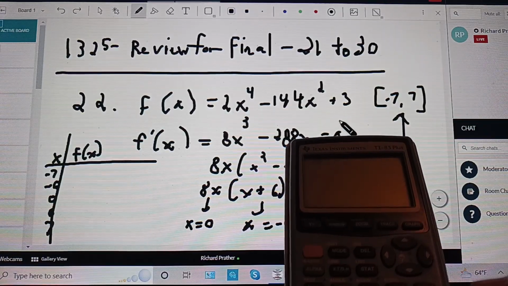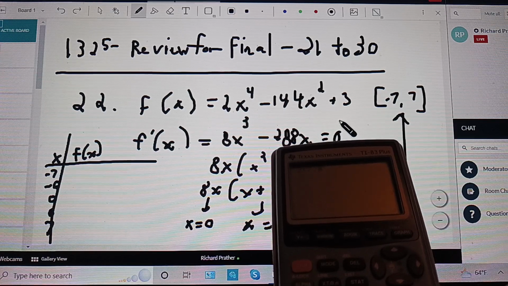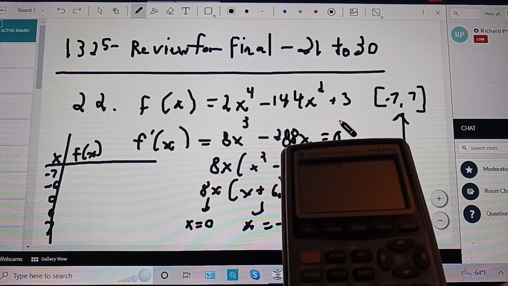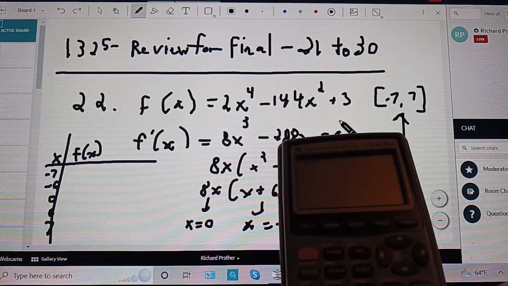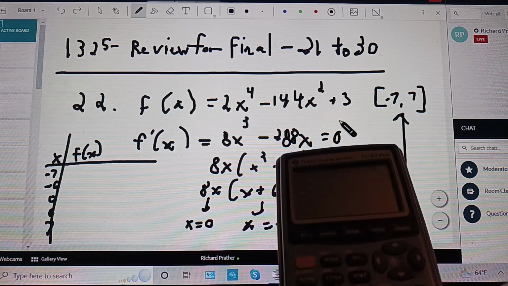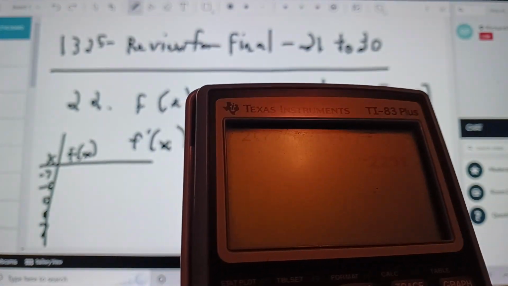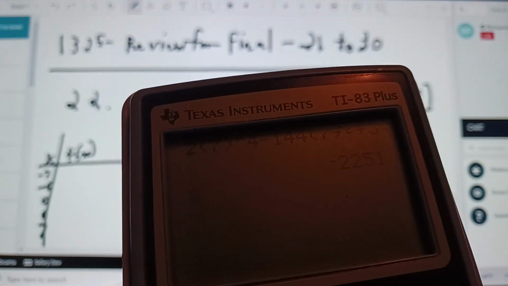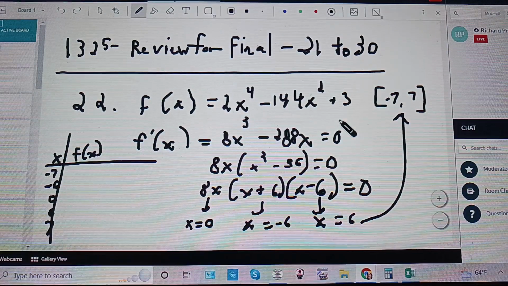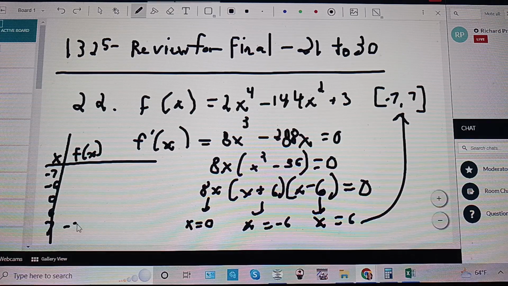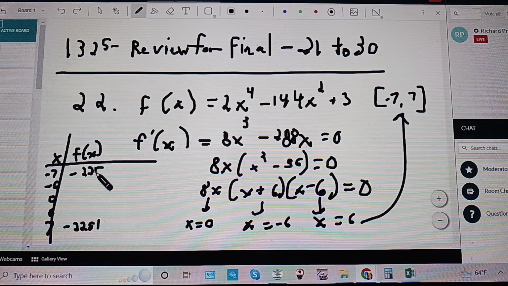I'll do 2 parentheses 7 parentheses to the 4th power minus 144 parentheses 7 squared plus 3. I'm plugging 7 into the original function, and the answer is -2251. And the -7 would produce the exact same answer, because any negative to the 4th power or 2nd power equals the same as the positive does.